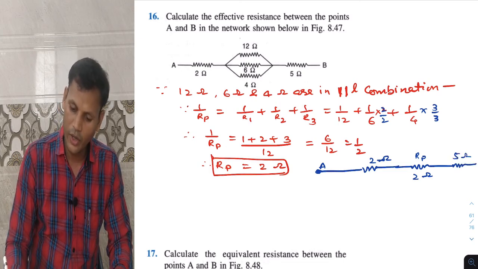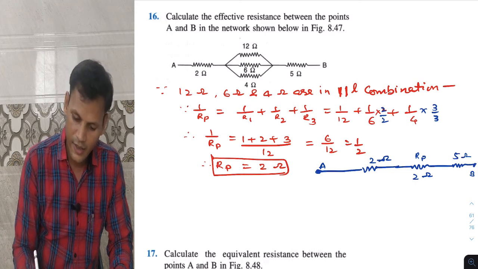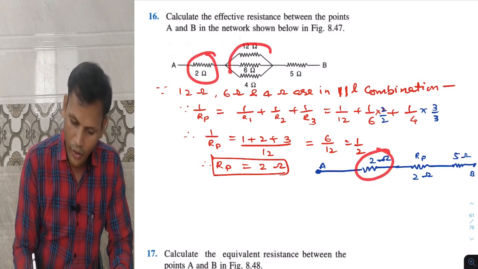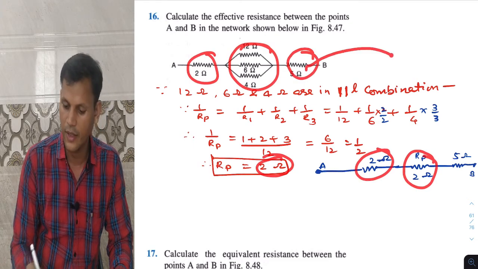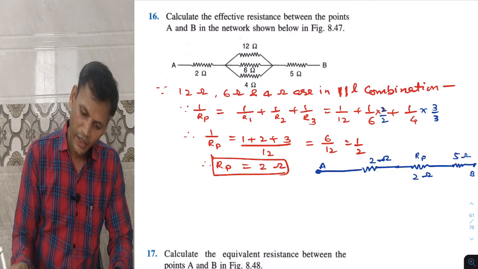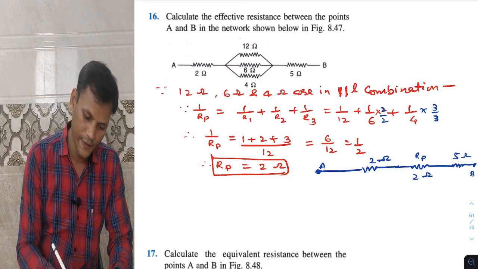So now all three resistors are in series. This entire combination is 2 ohm, and the last 5 ohm is here. So now 2 ohm and 5 ohm are in series.